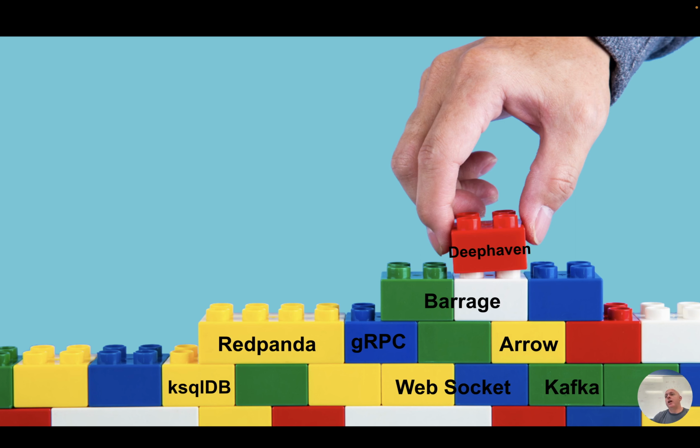For example, you may have a ksqlDB query engine and a Deephaven query engine hooked to a redpanda data backbone with gRPC for communication.